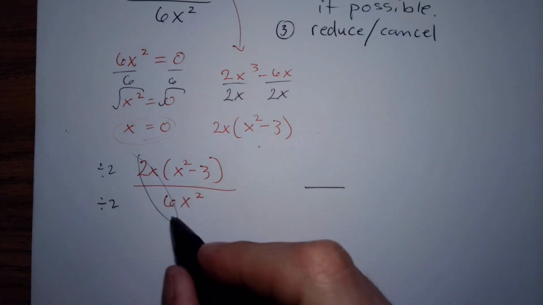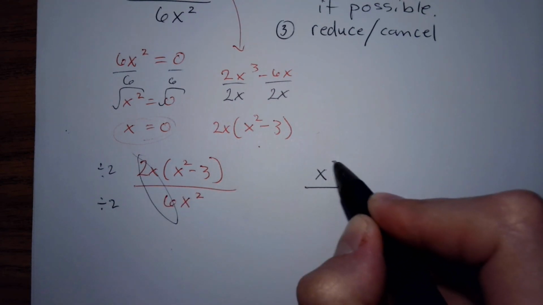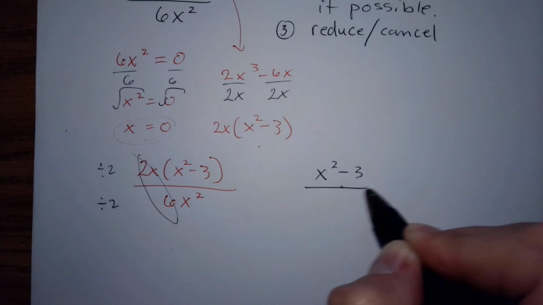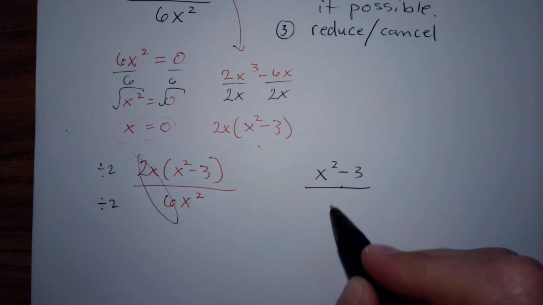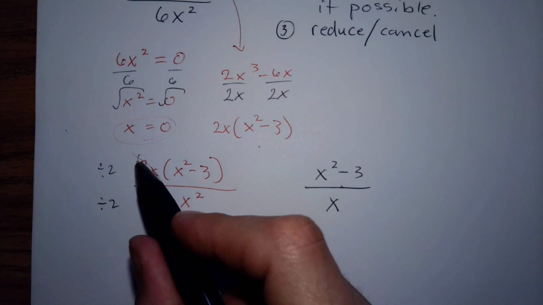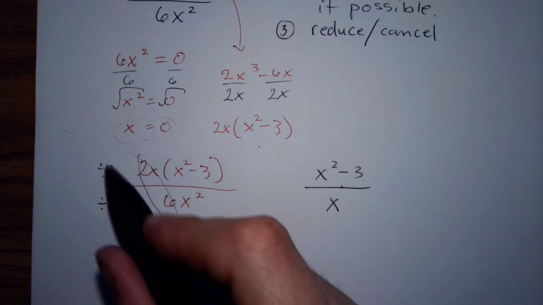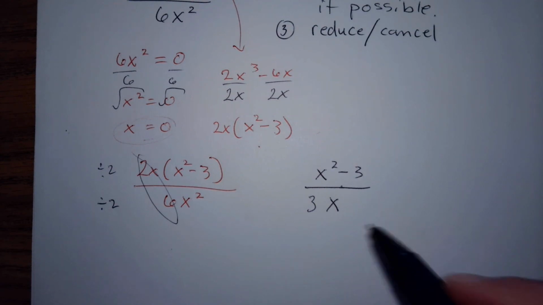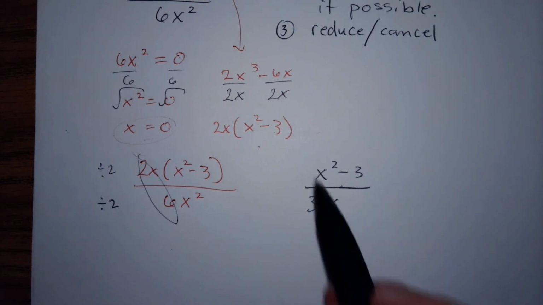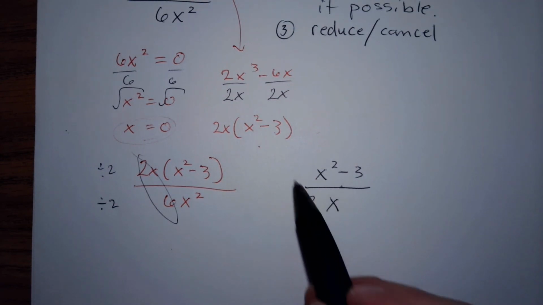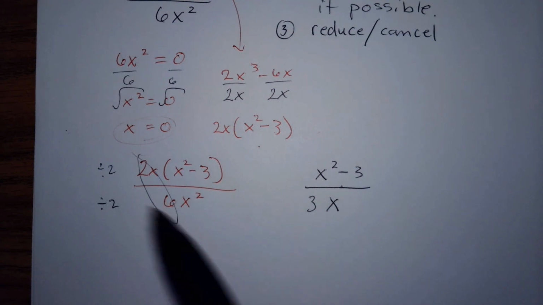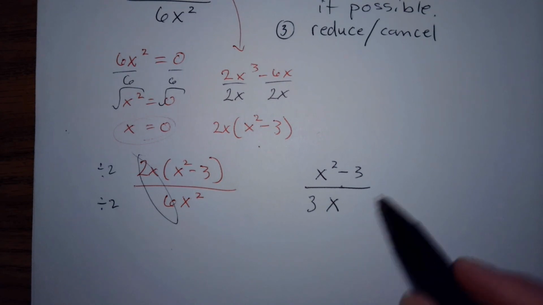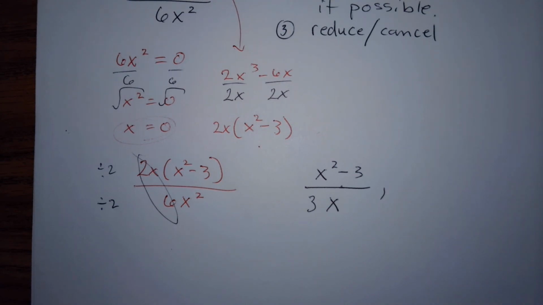So I would have x squared minus 3. x divided by x squared is x in the bottom. 2 divided by 6, reducing by 2, that would give me a 3 in the bottom. And I could put a 1 in the top. Remember, it cancels out to 1 if I divide. 2 divided by 2 is 1. But this would be my answer.